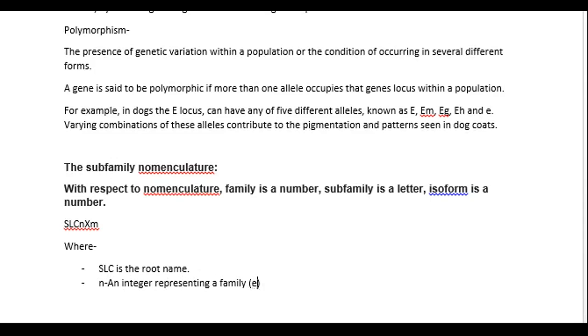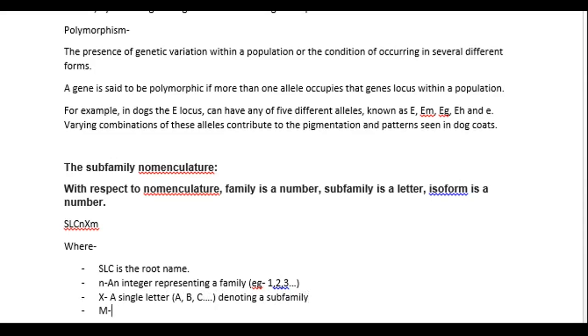Like, for example, 1, 2, 3, and so on. And coming to the capital X, a single letter, capital X indicates a letter, like A, B, C, and so on, denoting a subfamily.